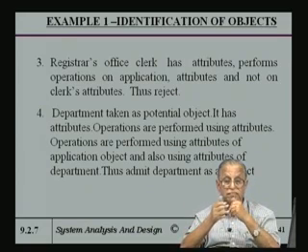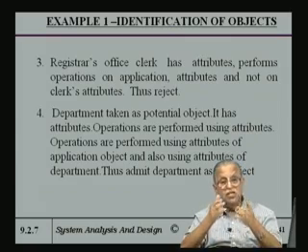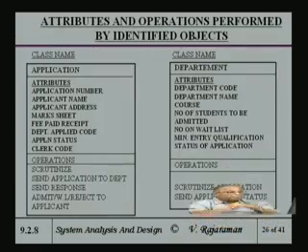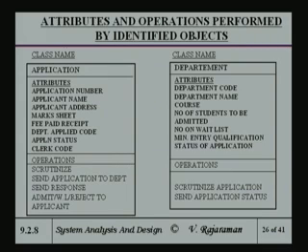That is all used, and the operation is also performed. So department is a potential object. So application I am admitting as a class, and department as another class, and the operations on the application are scrutinize, send application to department, and send response to the student: admit, wait list, reject the applicant.